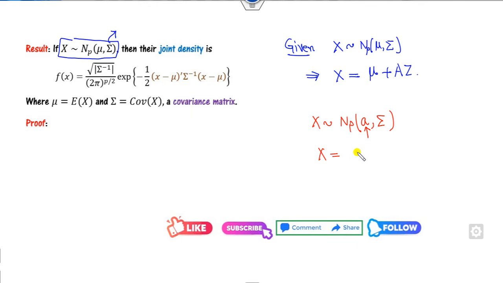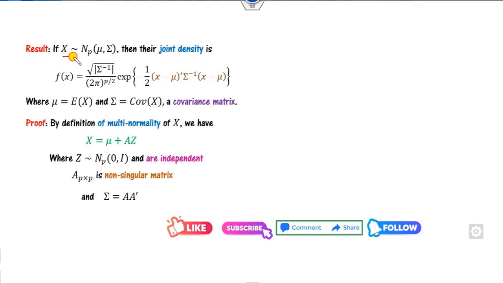So X will be mu plus A into Z. Since X is multivariate normal, it satisfies this property, where mu is a real constant, A is a non-singular matrix, Z is a vector of independent random variables, and sigma will be A into A transpose. Now, how can you find the PDF of this X?